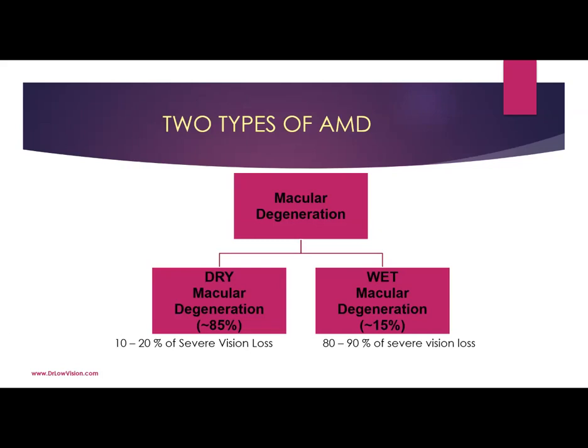In macular degeneration with the wet, it often causes 80 to 90% of the severe vision loss. And currently there are some treatments being done for those with the wet form to try to preserve as much of the vision. This is often where they're going in on a monthly basis or every few weeks to see the ophthalmologist, and they're getting an injection in their eye or medications being put in to help decrease how much fluid or bleeding is accumulating at the back of the eye.